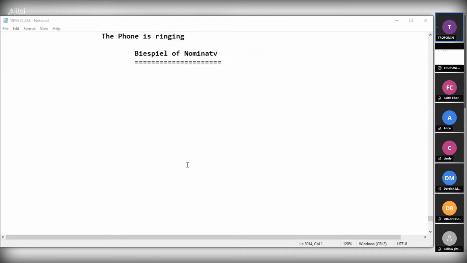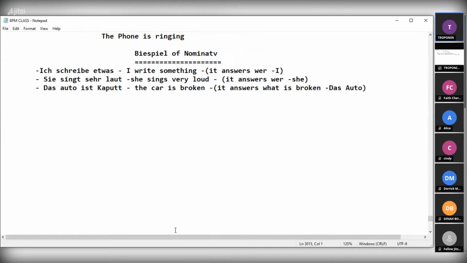From this Beispiel, you can now use that formula to check what does what. So: Ich schreibe etwas, I write something. It answers wer. Wer schreibt? Ich. Sie singt sehr laut.